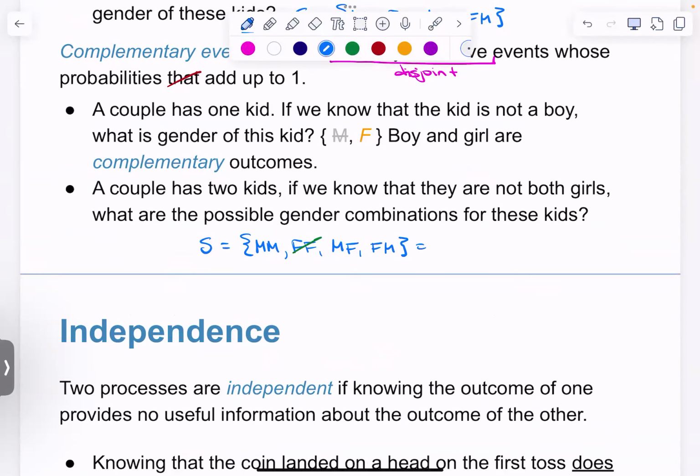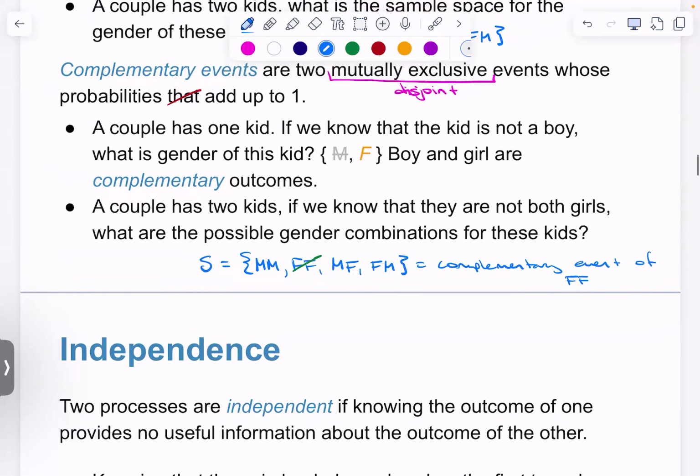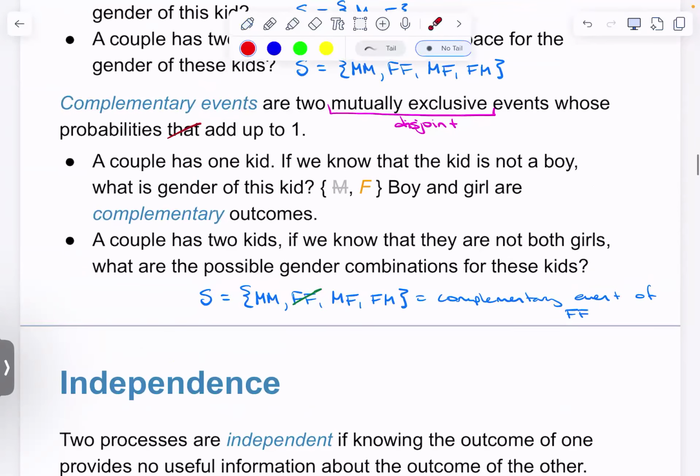Maybe I'll say this is the complementary event of female, female. You just remove it. Remember, disjoint is these 2 events cannot happen at the same time.